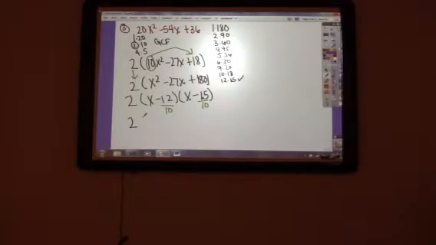Bring down the 2. 12 over 10 can be reduced. So instead of having minus 12 over 10, we change that to minus 6 over 5.